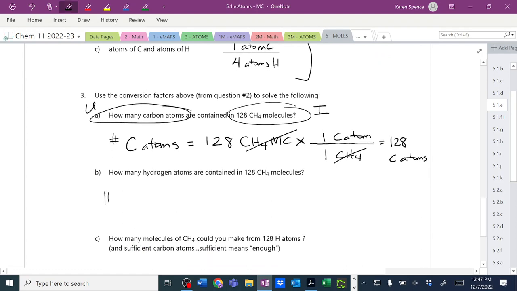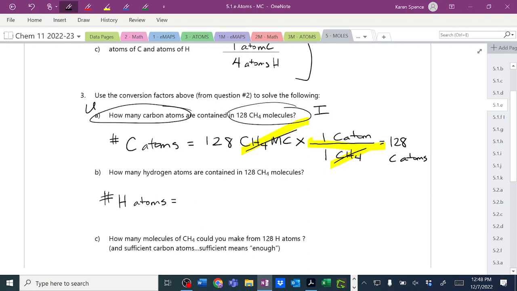How many hydrogen atoms? And be sure that when you're writing this down that you're showing your work using this over that and showing your unit cancellation. Because like I said, they won't always be this easy.